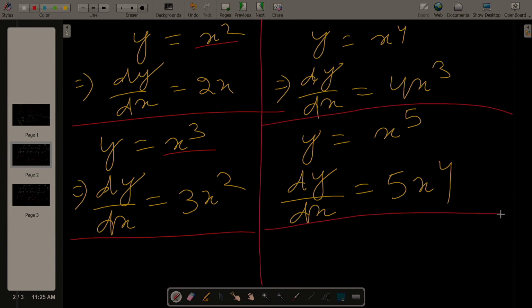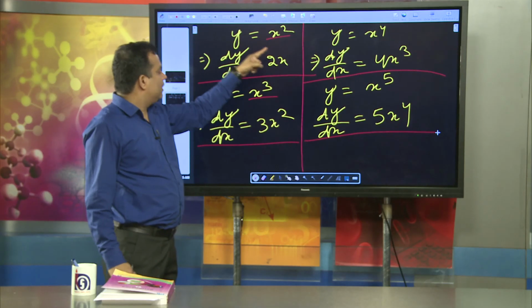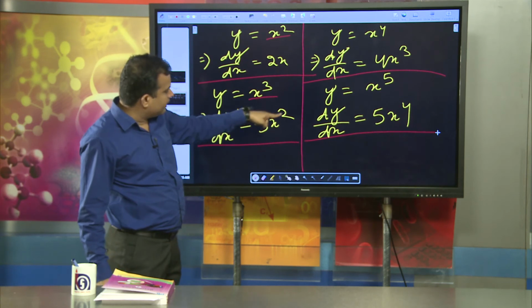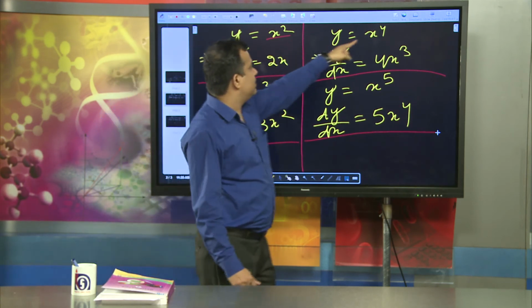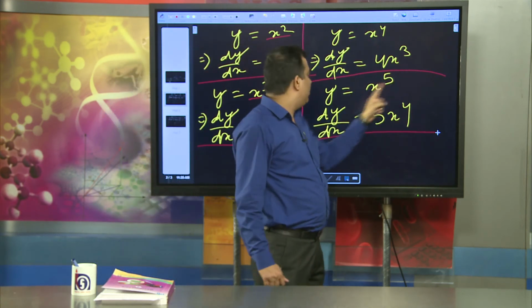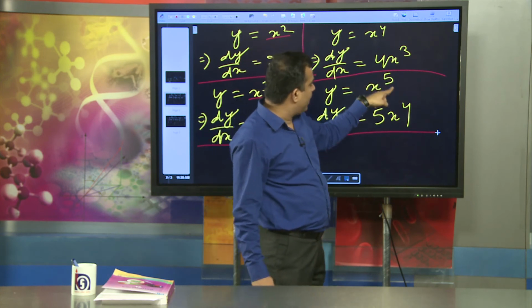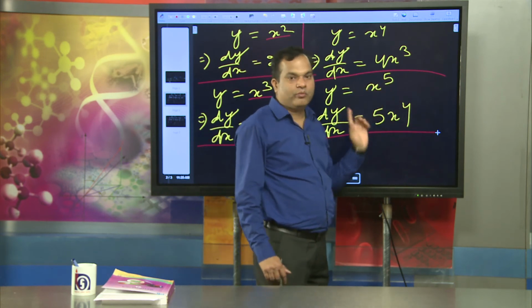What do you observe? When taking x square, you get 2x. When taking x cube, you get 3x square. When taking x fourth, you get 4x cube. When taking x raised to the power 5, you get 5x to the power 4.